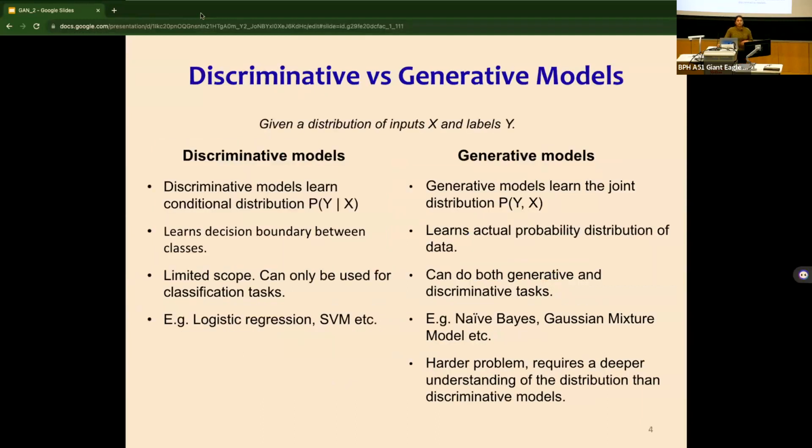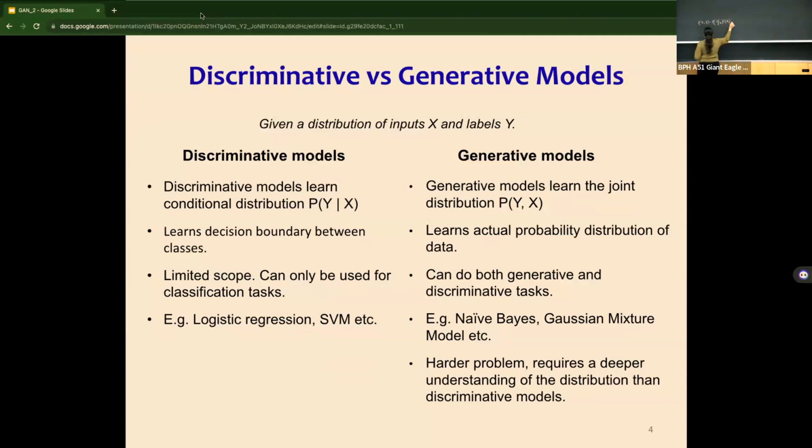So in order to do this, we looked at two different types of models. We looked at discriminative models and generative models. And as we know, discriminative models essentially learn the decision boundary between classes. So it's going to try and model the posterior probability of P of y given your data. But in case of generative models, it's going to take a more holistic approach where it's going to try and model the joint distribution. And if we remember from simple math, we can write this in this way.